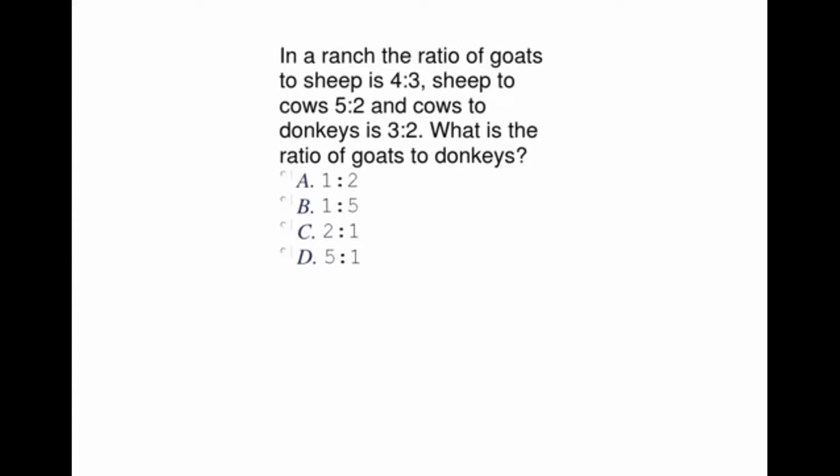In a range, the ratio of goats to sheep is 4 to 3, sheep to cows is 5 to 2, and cows to donkeys is 3 to 2. What is the ratio of goats to donkeys? So we have goats to sheep, we have 4 to 3.